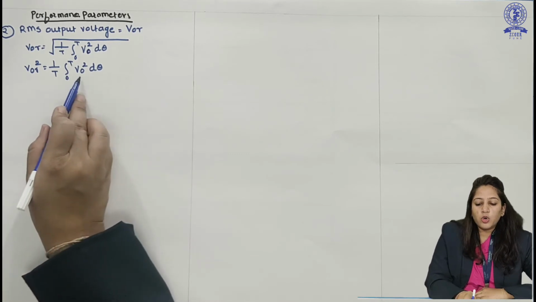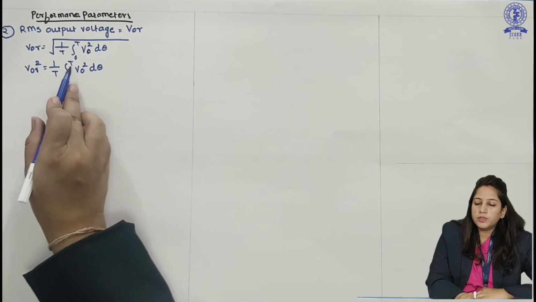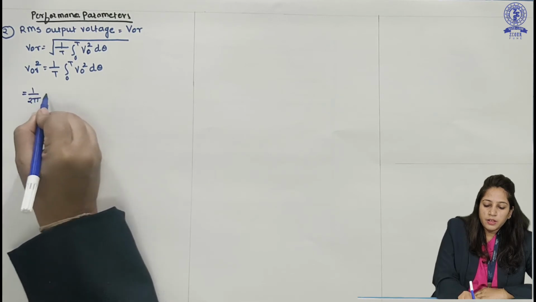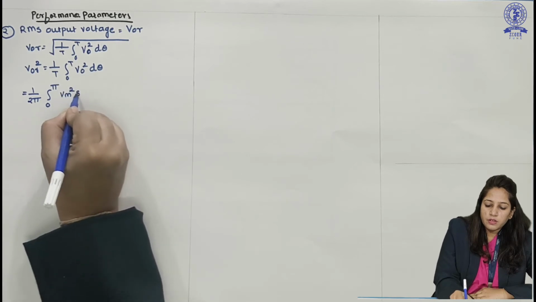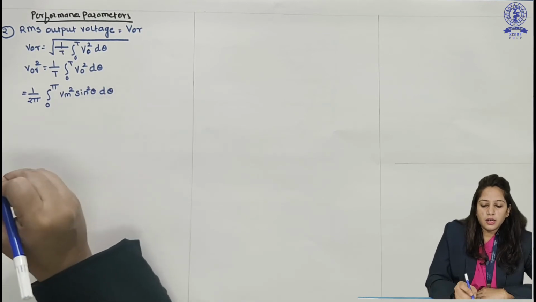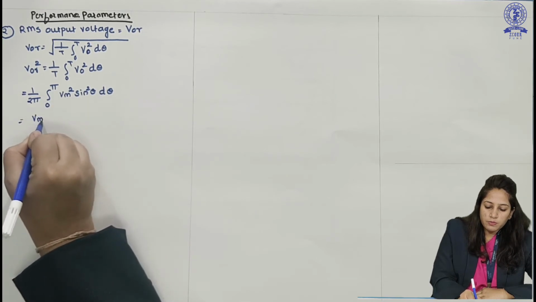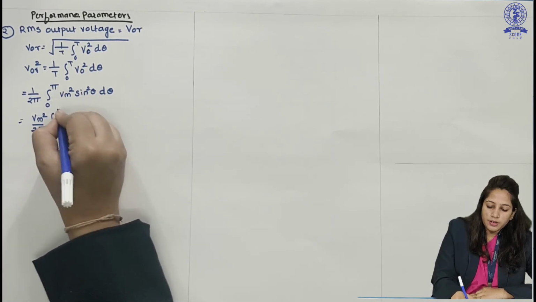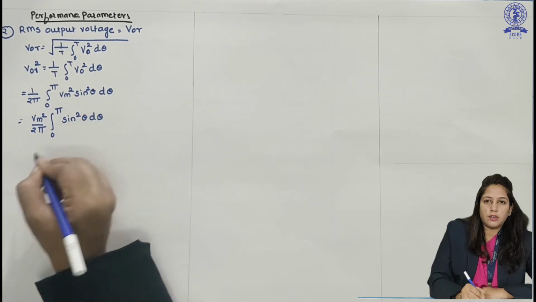We know that the output voltage is Vm sin omega t, only for the period 0 to pi. So here I will write 1 upon 2 pi integration from 0 to pi of Vm square sin square theta d theta. Now we will solve this integration. This is a constant, so it will come outside: Vm square upon 2 pi integration from 0 to pi of sin square theta d theta.